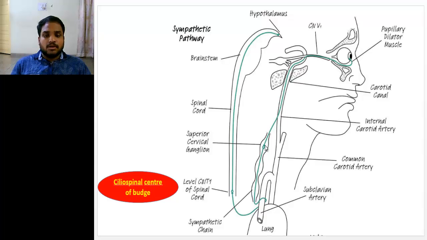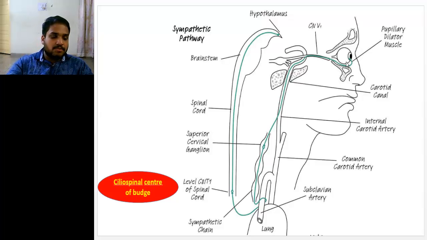Now the third order neurons start from the superior cervical ganglion, form a plexus around the internal carotid artery, and then through the cavernous sinus enter the orbit as the long ciliary nerve supplying the dilator pupillae. So this is how the sympathetic pathway supplies the dilator muscles of the eye, resulting in dilatation of the pupil.